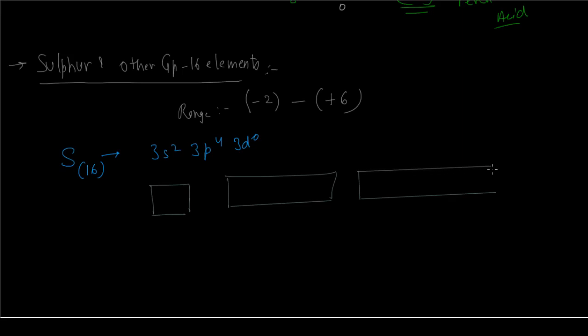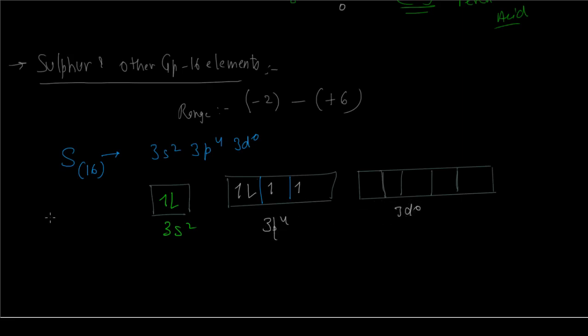Again, vacant d orbitals, right? One, two, three, four, five. Here there are 2 paired electrons in 3s2. Then here you will see that there are 3 orbitals, and in each orbital this is the arrangement of electrons, right? Like this. And then this is vacant. So this is 3p4 and this is 3d0.